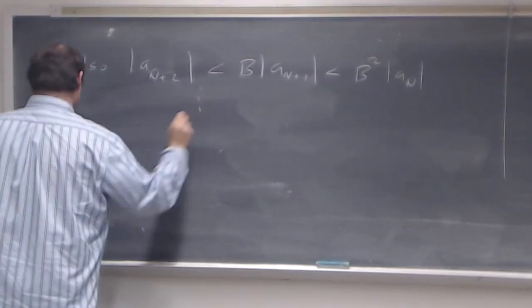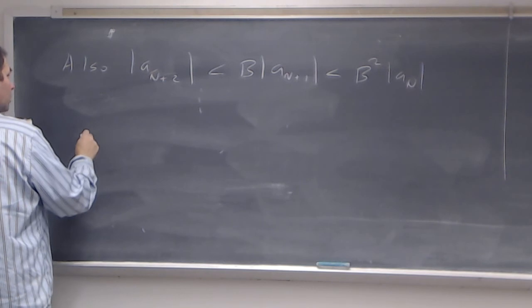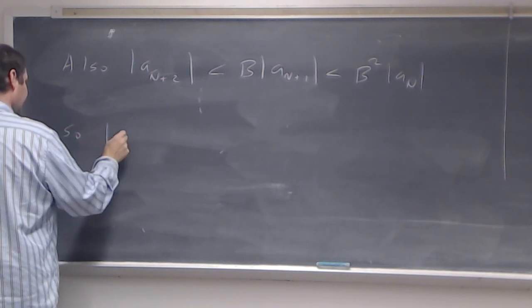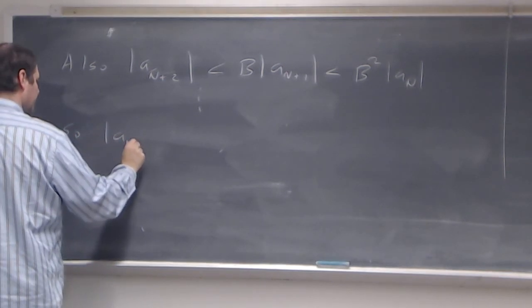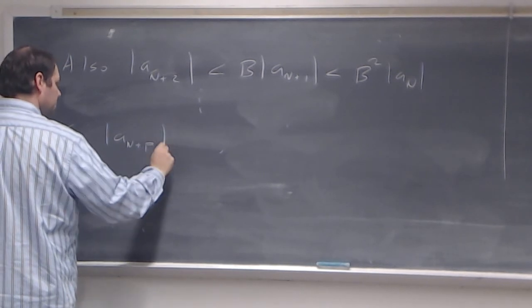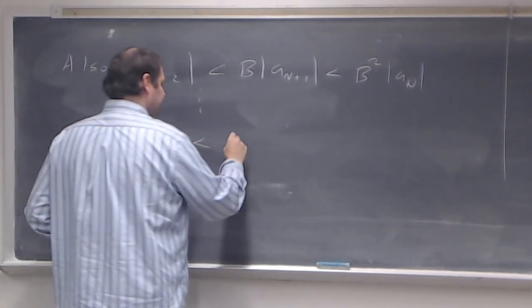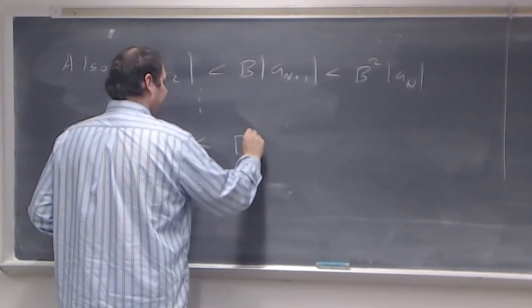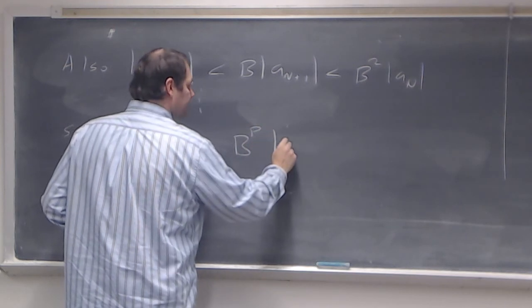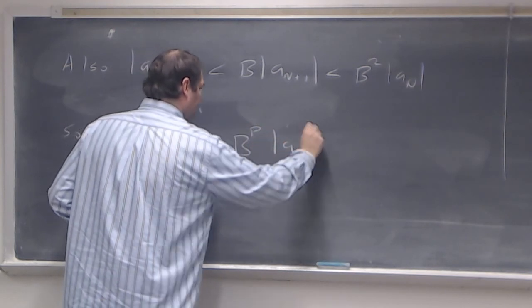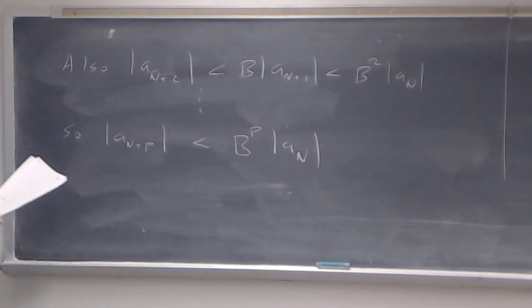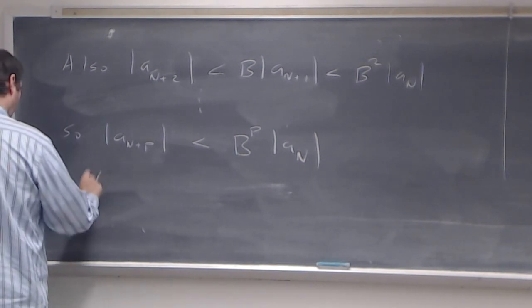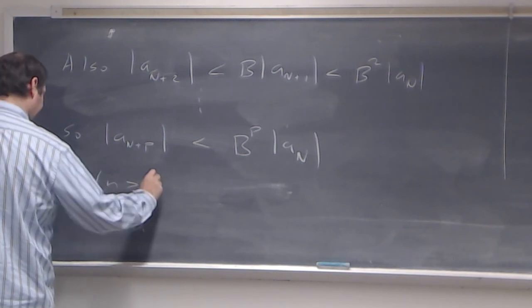We continue like this, and so what we get is a sub big N plus p inside absolute values is going to be less than b to the p times the absolute value of a sub big N. So this is true for all n bigger than or equal to this big N.